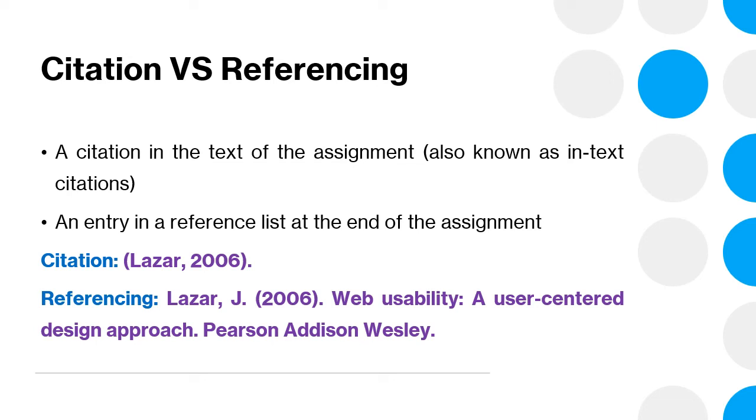So I will cite within the text of the report, maybe in the introduction, in the research design, in methodology, in literature review. But the reference of that citation, or the full address of that citation, will be provided in the referencing chapter. So this is the difference between citation and referencing.